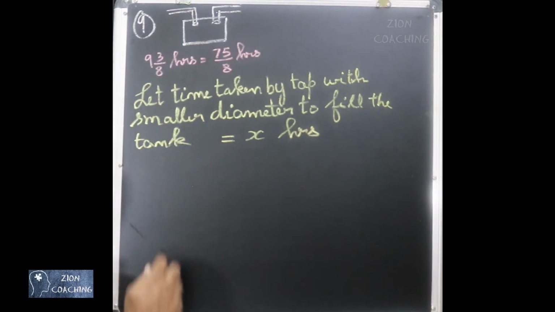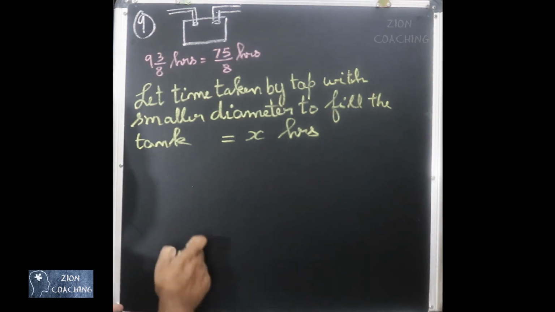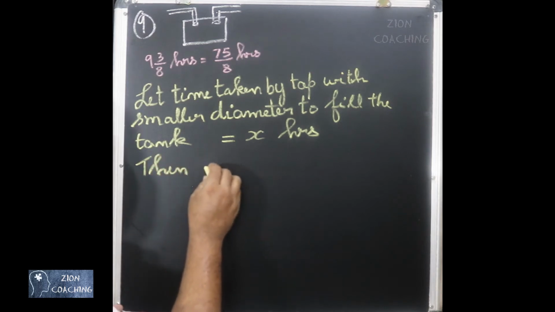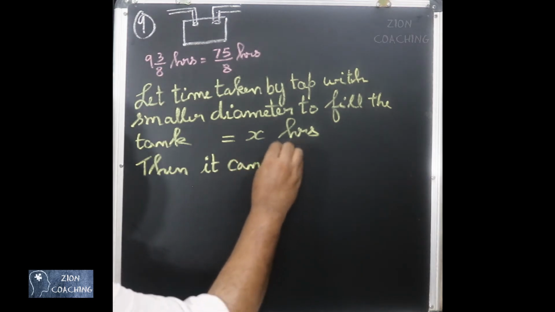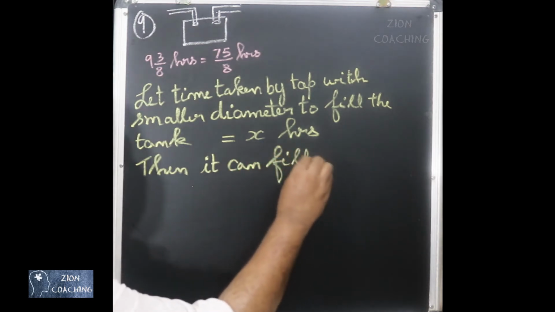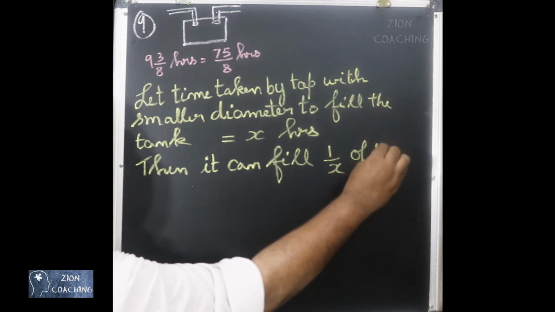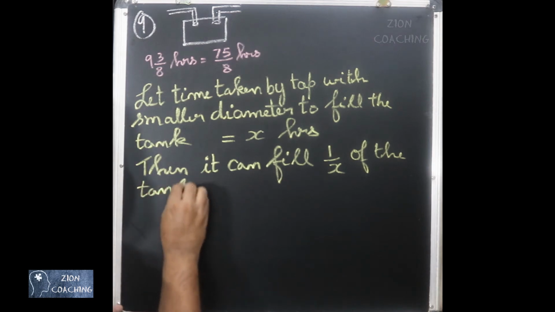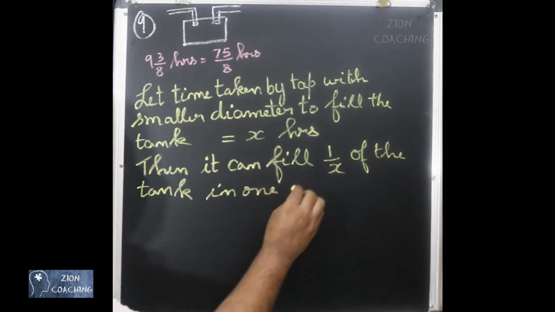That is, we are assuming that the time taken by the tap with smaller diameter to fill the tank is x hours. Then it can fill 1 by x of the tank in 1 hour. I will explain this to you.